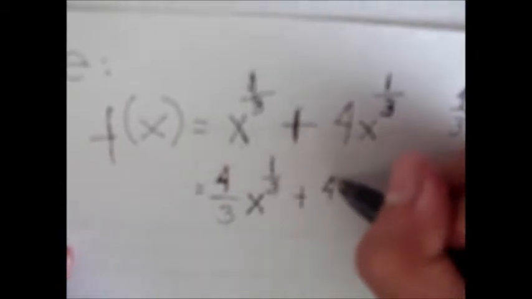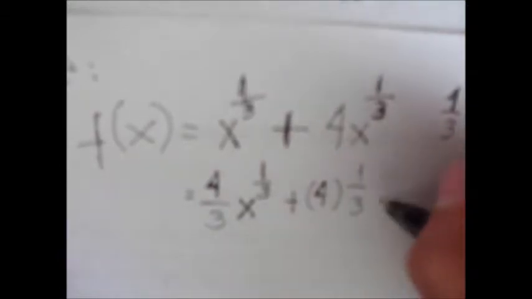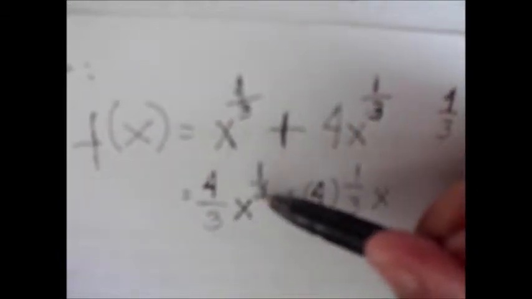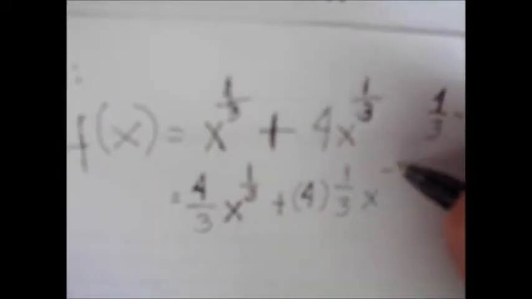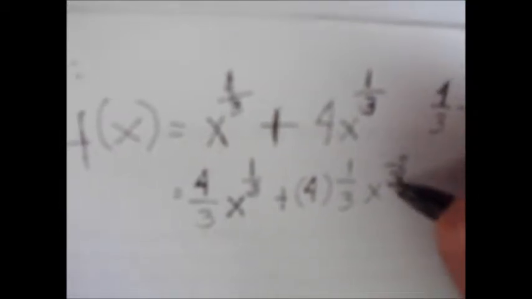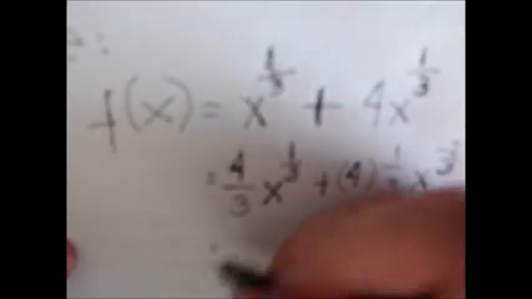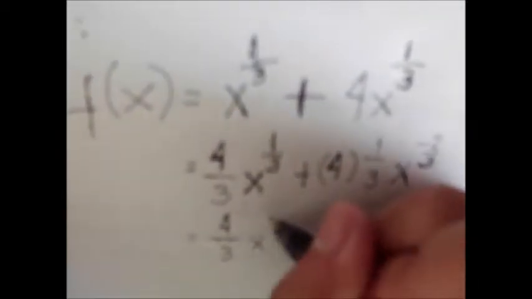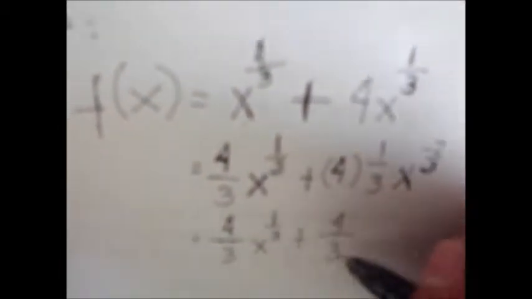We use the chain rule: 1 over 3 minus 1 gives us negative 2 over 3. Then we arrange it: 4 over 3 times x to the power of 1 over 3 plus 4 times x to the power of negative 2 over 3.